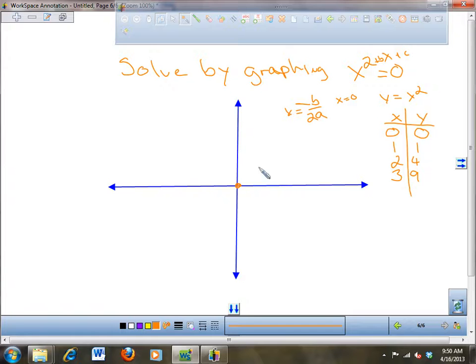Which means that this is the turning point, 0, 0. And then it goes 1, 1, and then 2, 4, and then 3, 9, which is way up here somewhere. And then because of symmetry, you could sketch the other half like this, and then I'm going to sketch in my parabola.